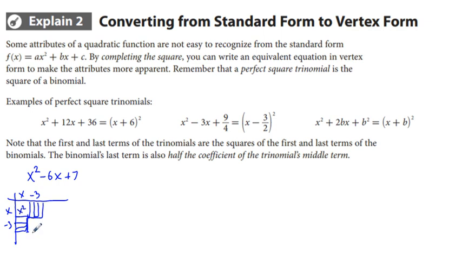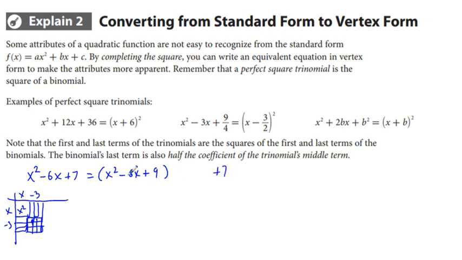Well, completing the square, we're going to have numbers inside this square here. So this is what that's going to look like. How many squares do we have here? Perfectly made, of course. We're going to have 9. So to complete the square, have a perfect square, we would need to take this x squared minus 6x plus 9, and then over here we put plus 7.